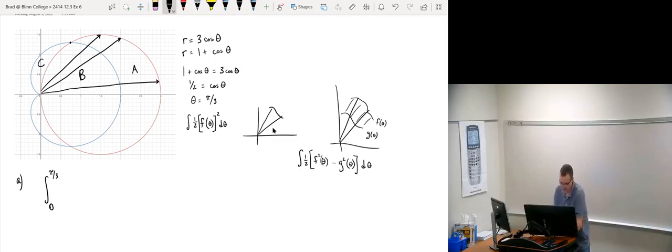And then this is a case where we need kind of the area between the 2 polar curves, so we'll use the outer radius minus the inner radius, so 1/2. Outer is the circle, so 3 cosine theta. There is the cardioid.